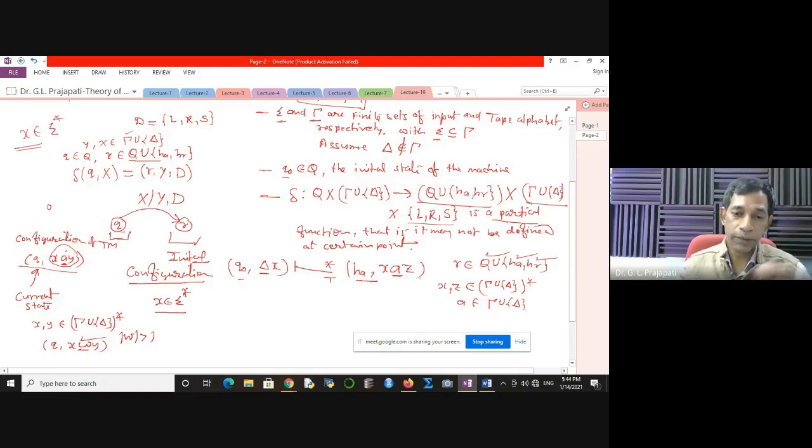If you have constructed the Turing machine as a language acceptor, once it decides that the given input is in the language, it goes to the halt state HA.